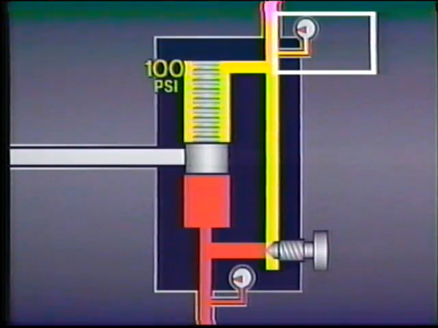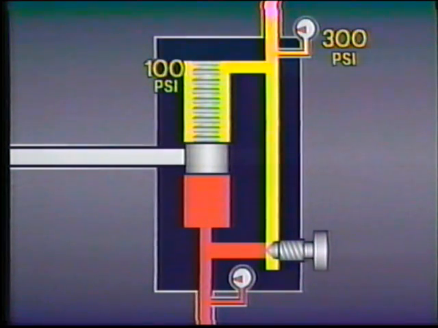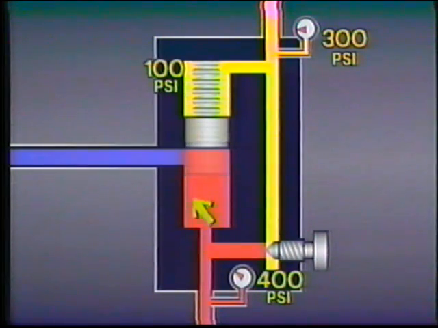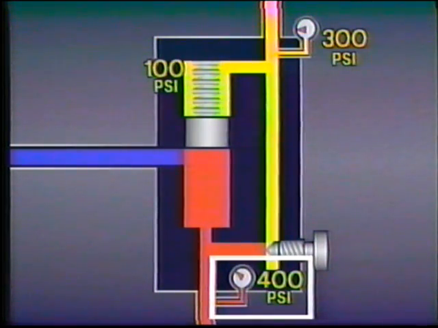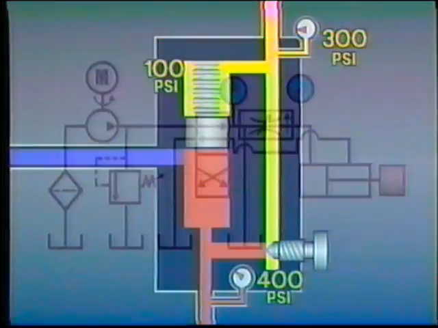If workload pressure increases to 300 psi, for example, then the combined pressure of the bias spring and workload is 400 psi. The spool shifts at 400 psi, sending some fluid to tank. But the pressure differential across the orifice is still 100 psi, so the flow remains the same.